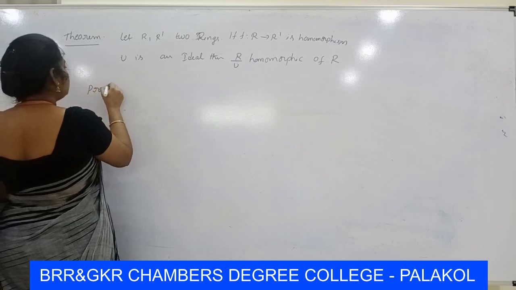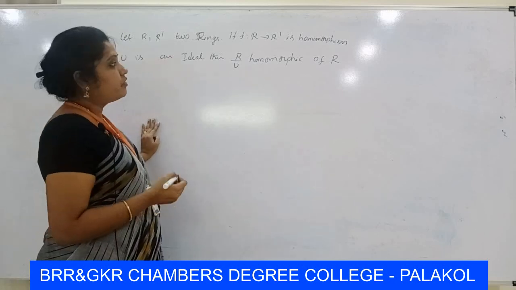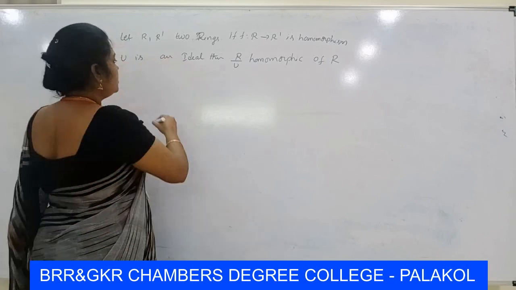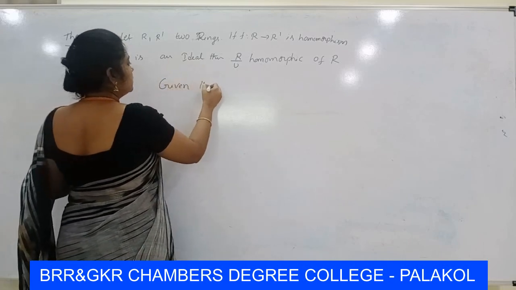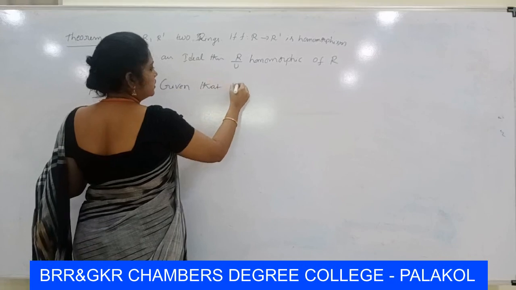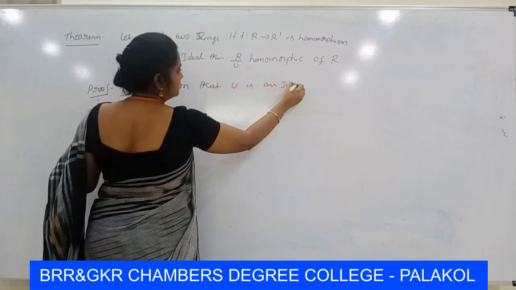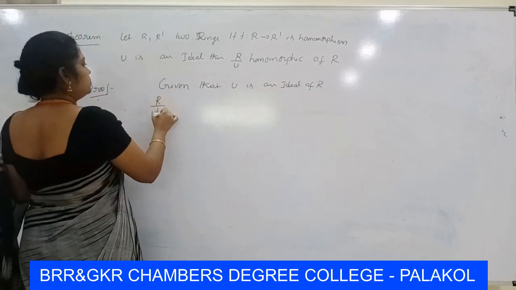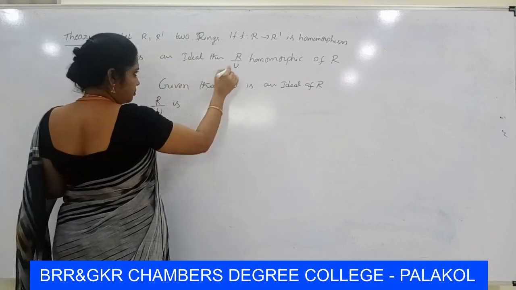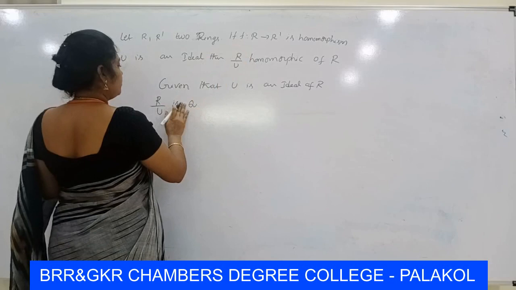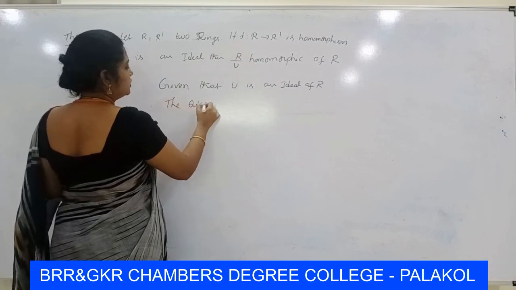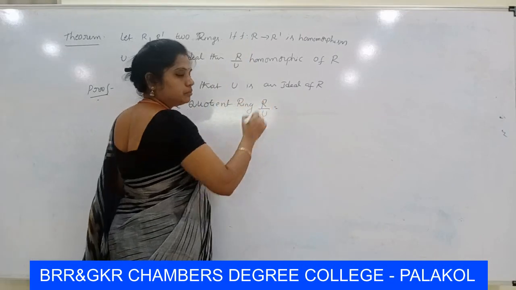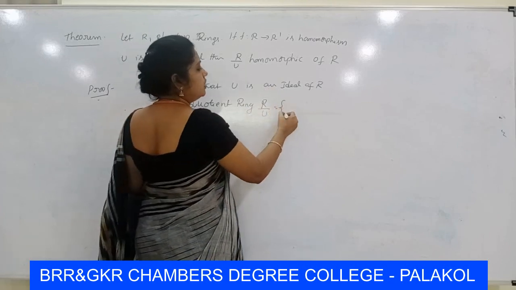Proof. Let R, R dash be two rings, and if f maps R to R dash is a homomorphism, and U is an ideal of R, given that U is an ideal of R. Then we know that the quotient ring R by U is the set of all cosets.